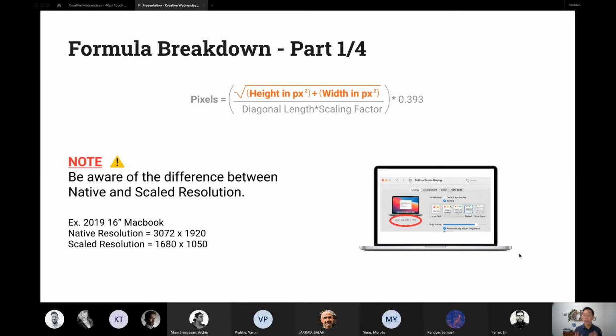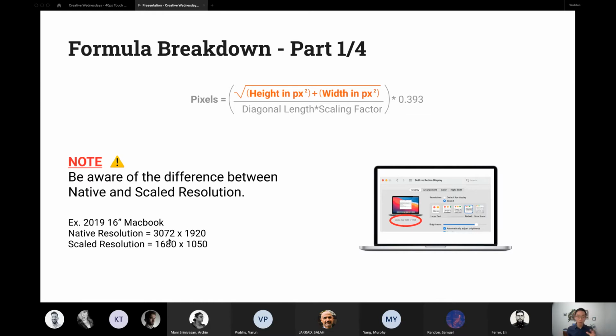The next step, before I move on, be aware that devices have different resolutions and different scaling. So I'm currently working on a MacBook Pro, and the actual device has a total of 3,072 pixels across and 1,920 pixels down. That's how many physical pixels Apple actually put onto the screen.